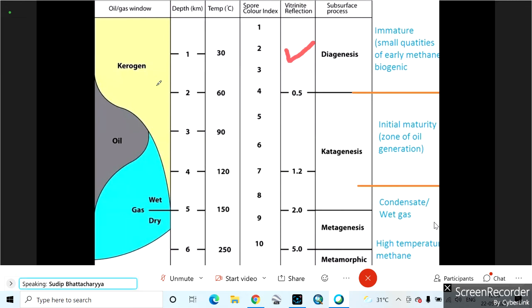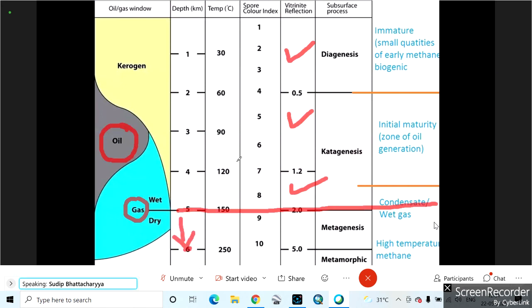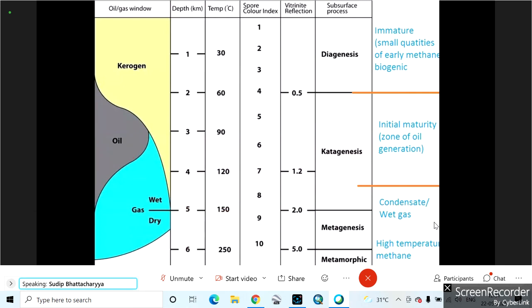We can get the vitrinite reflectance from here, and we can get the indication whether we will get oil or gas. If it is gas, whether the gas is wet or whether it is dry below that. So everything will come out if those things are done.